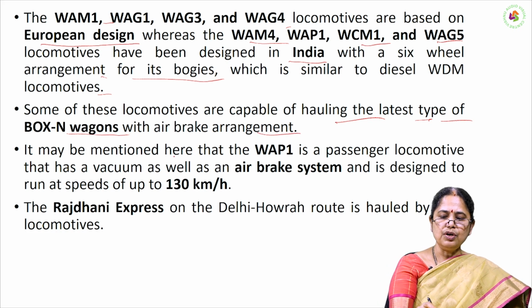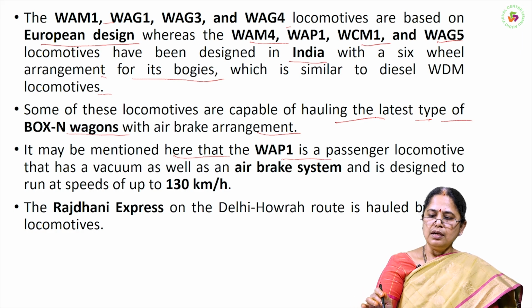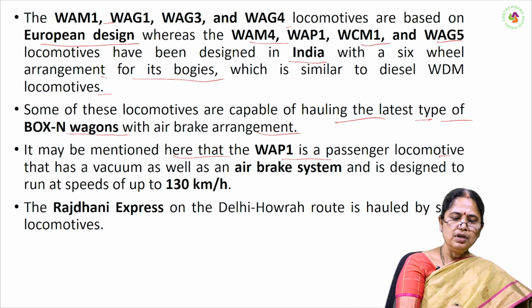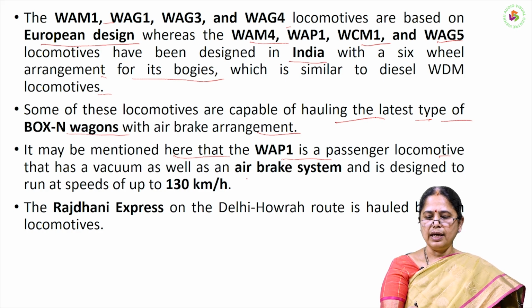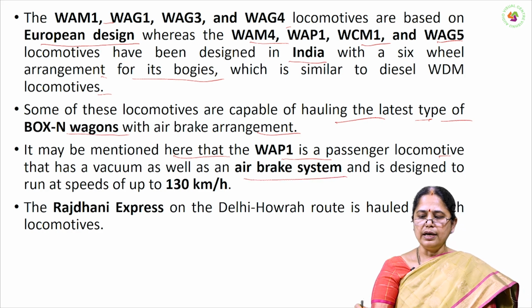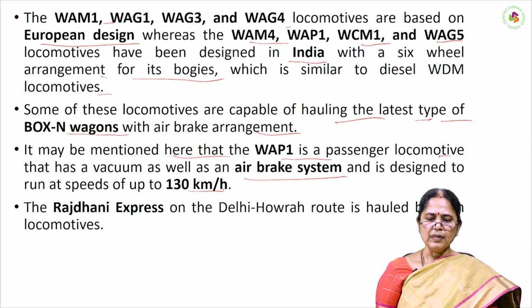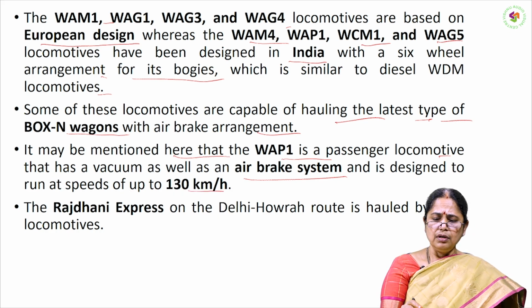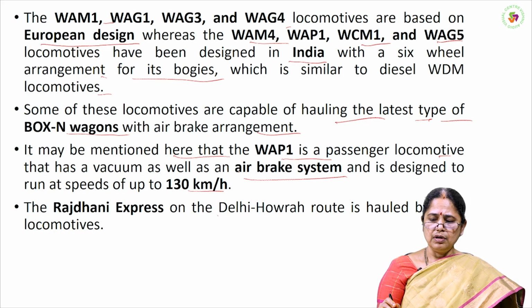It may be mentioned here that the WAP1 is a passenger locomotive, has a vacuum as well as an air brake system, and is designed to run at a speed of 130 km per hour. Rajdhani Express has this type of locomotive attached to haul the train.